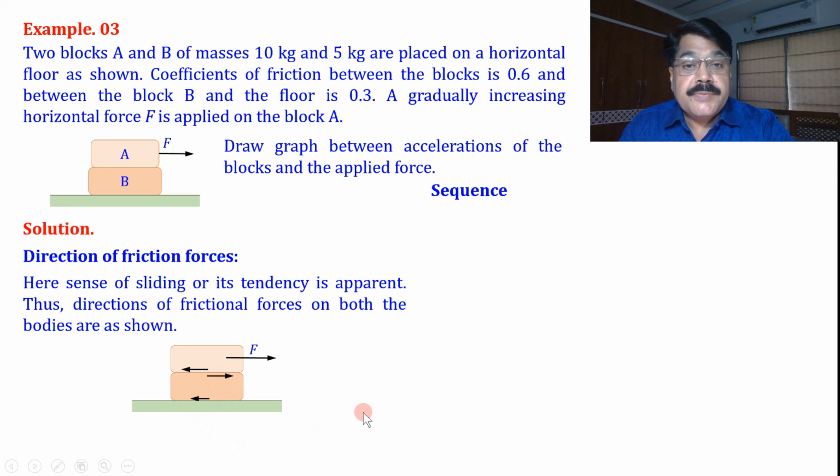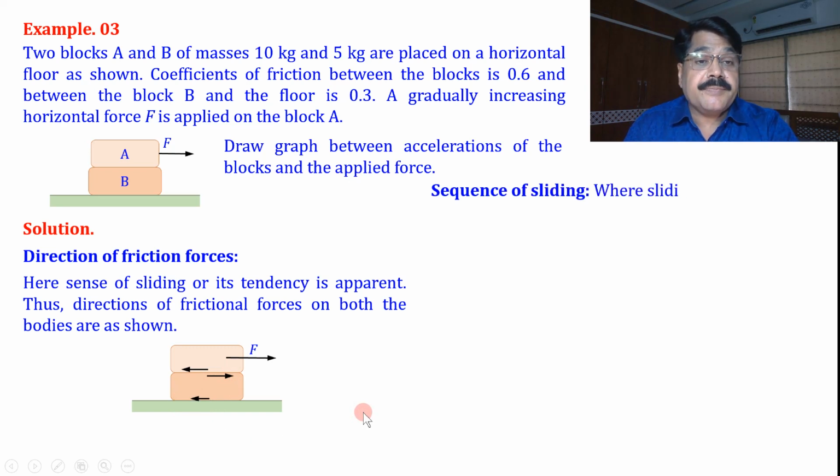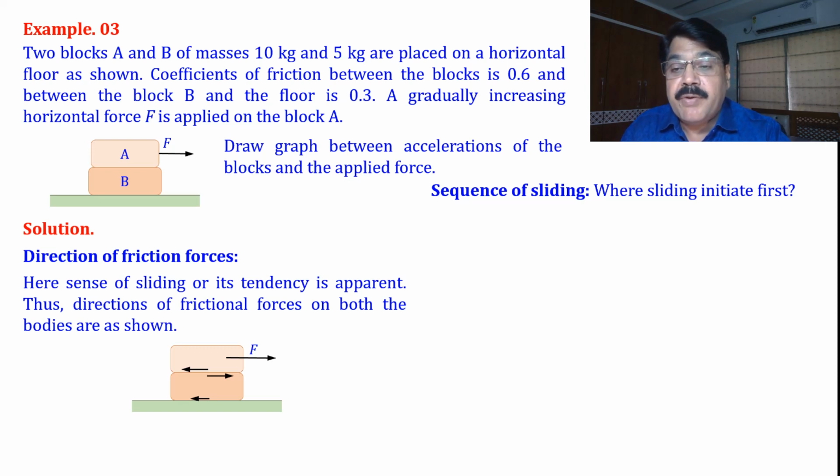Now what is the next thing? The sequence of sliding, that is important. What is the sequence of sliding? Where sliding initiates first. First gives you a sense of time. Actually in this problem we are increasing the value of F from 0. So at the lower value of F where sliding initiates, we say sliding initiates there first, and where sliding initiates at a higher value of F, we say sliding initiates there second.